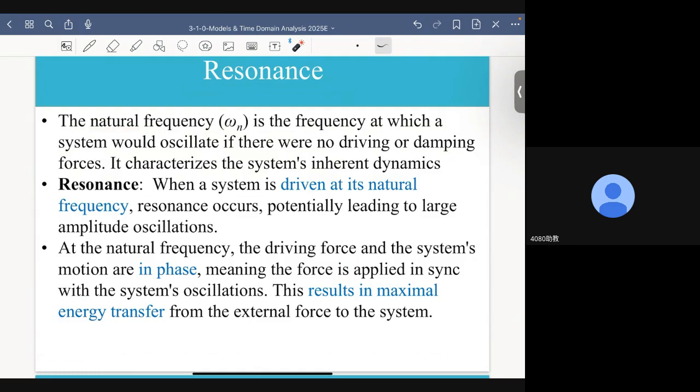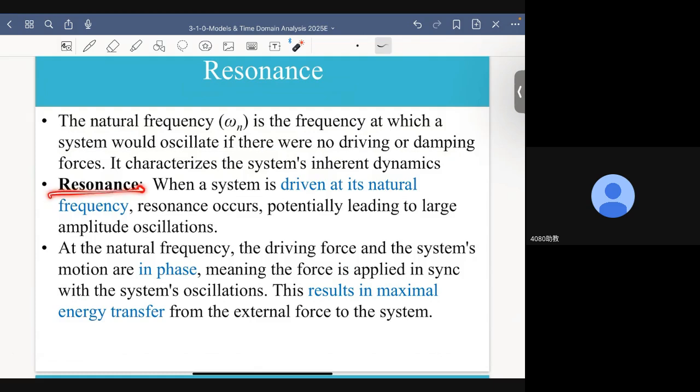It has nothing to do with the output. Because it is the nature of the system, when unexcited by external force, the system moves at the natural frequency.